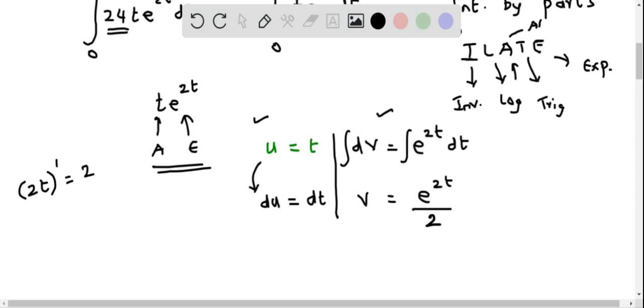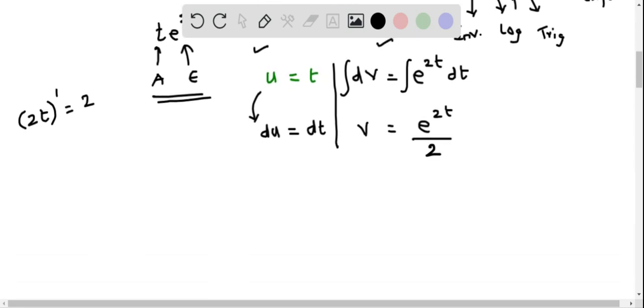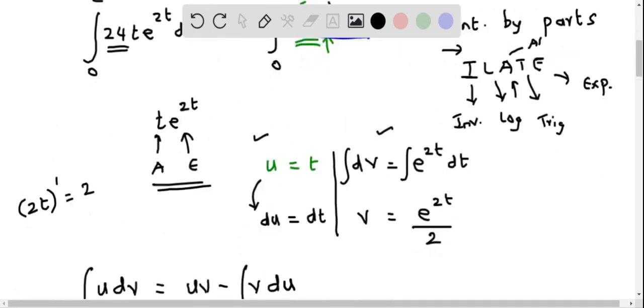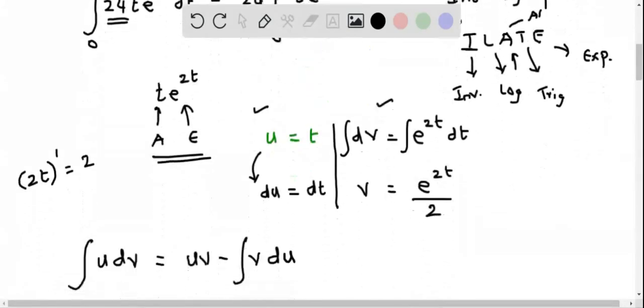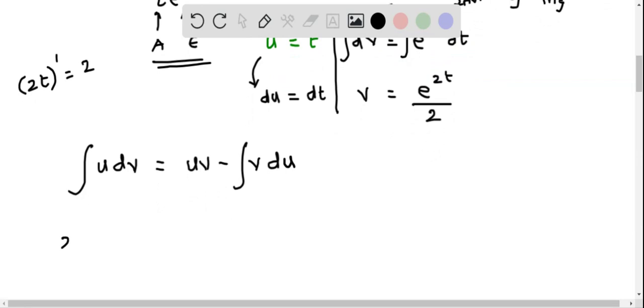So we have determined u as well as v as well as du, which means we can utilize the integration by parts formula, which says that the integral of u dv equals uv minus the integral of v du. Therefore, for our integral, we have 24 times the integral from 0 to 2 of t times e raised to the power of 2t dt.